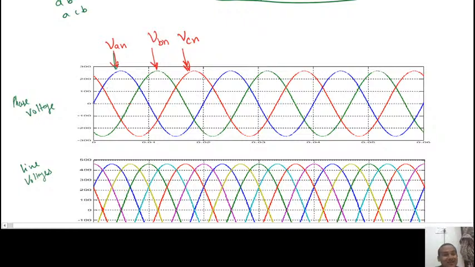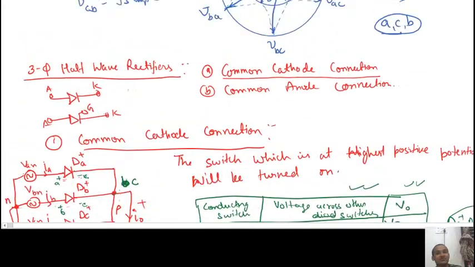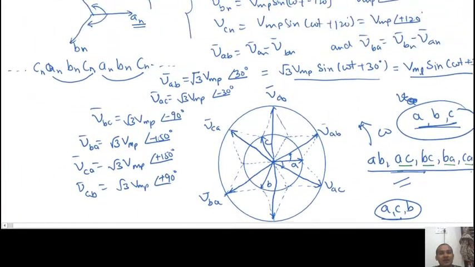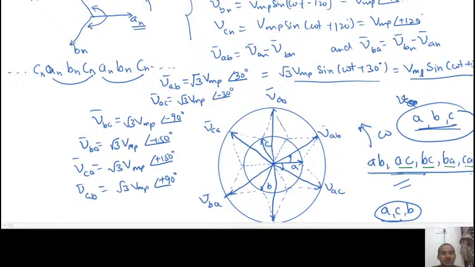We have to see this 30 degree difference from 0 with respect to phase A. We have to see the voltage with respect to the phase reference, and we have already chosen A phase as the reference.